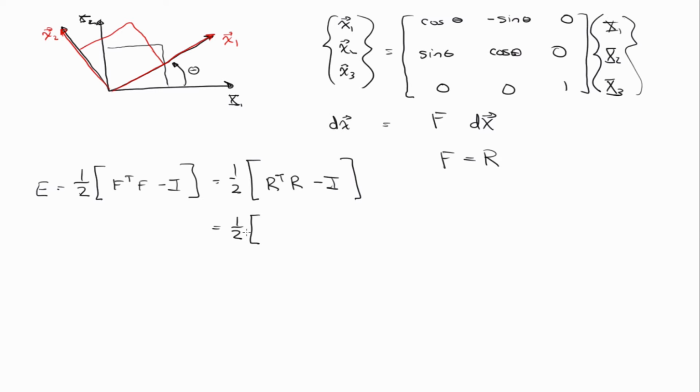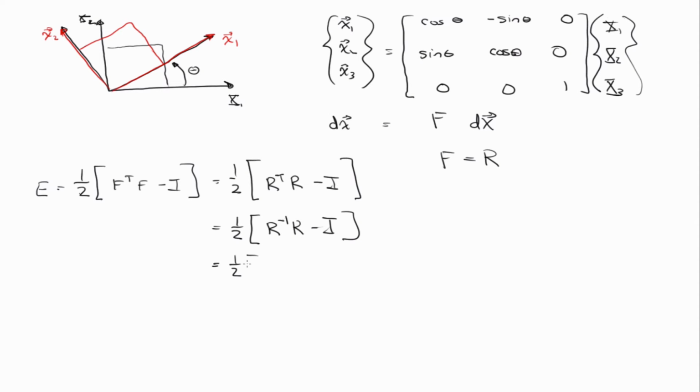it means that every rotation matrix is always a unitary matrix. It means that its transpose is its inverse, right? So I could also write this as R inverse, because its transpose is its inverse, R minus I. What is a matrix inverse times itself? It's the identity matrix, right?